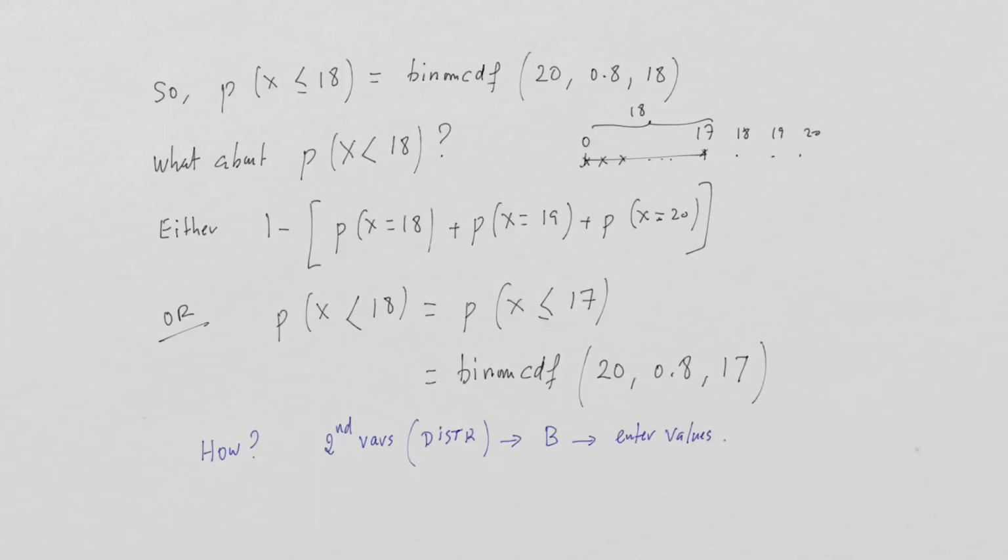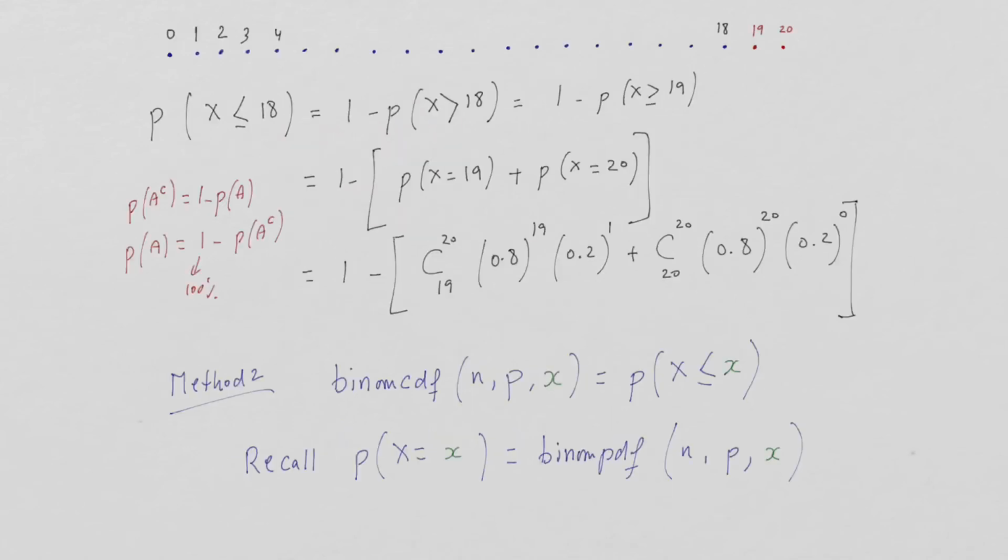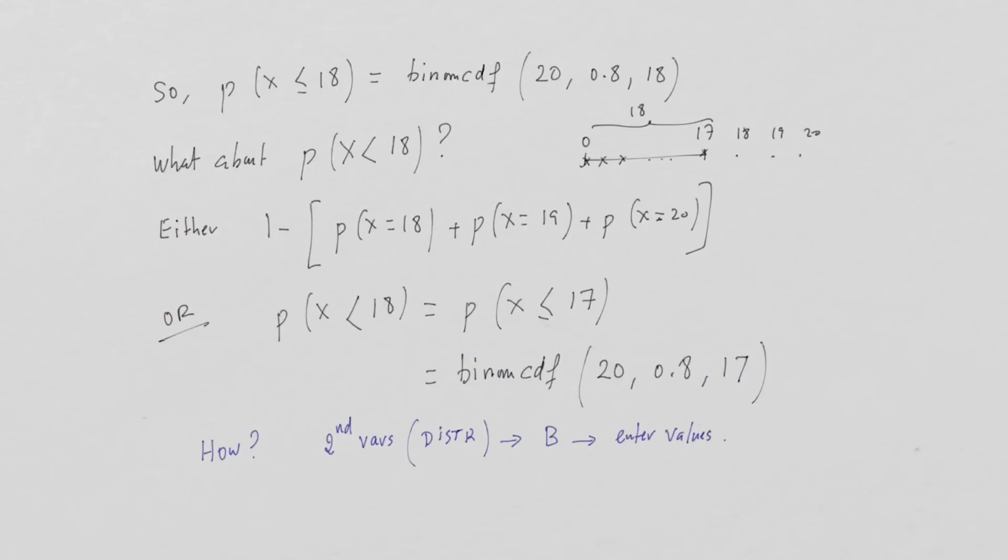That is exactly what I did here. Read this carefully. Go back here and see if it makes sense to do 1 minus that plus that plus that. So you could do that. You know how to do this by hand. Subtract that from 1, or go back to the TI.